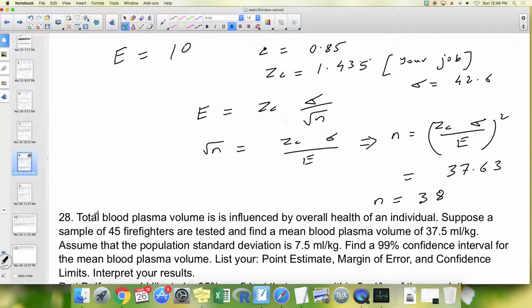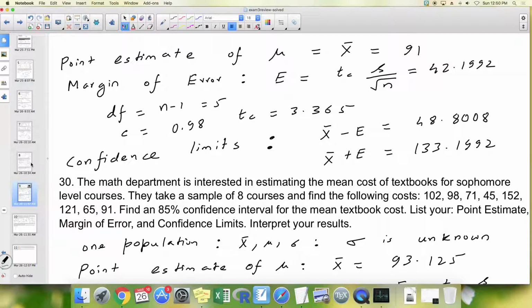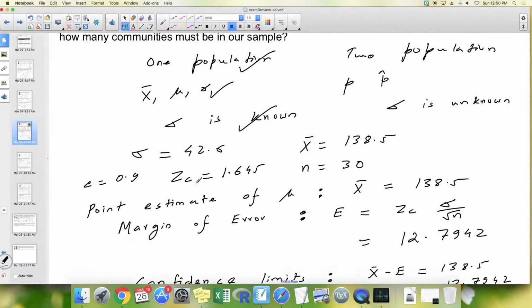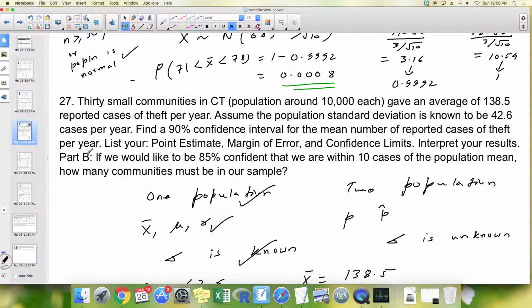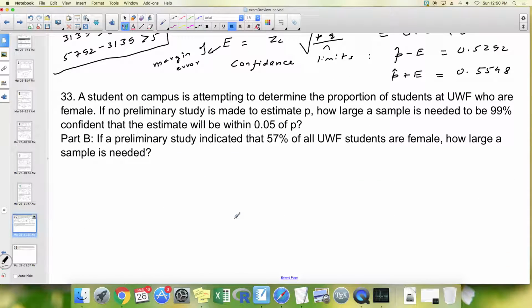If we look at question number 27, we have done this again. If it's like 85% and we want E to be like 10, then what should be small n? What should be the sample size? So we are doing this kind of thing again, but in the p hat context.